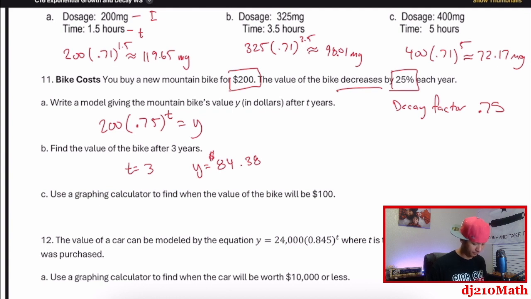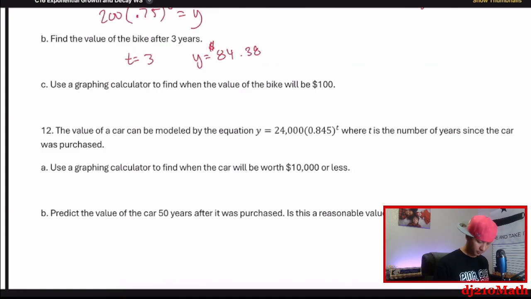Okay, so this is simply putting in the table or the graph and then looking at the table. All right, so after about 2 years, it's going to be worth 112, which is close.